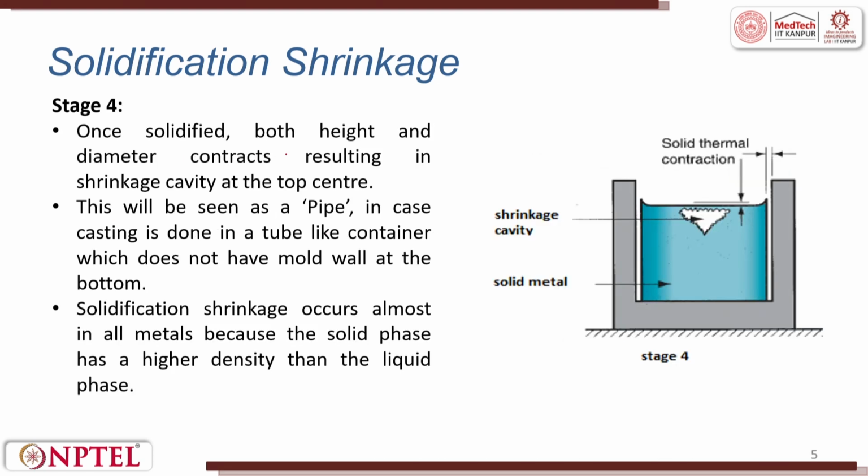Once solidified, both height and diameter contract, resulting in a shrinkage cavity at the top center. We can also see something like a pipe in case casting is done in a tube-like container which does not have a mold wall at the bottom. Solidification shrinkage occurs in almost all metals because the solid phase has higher density than the liquid phase.